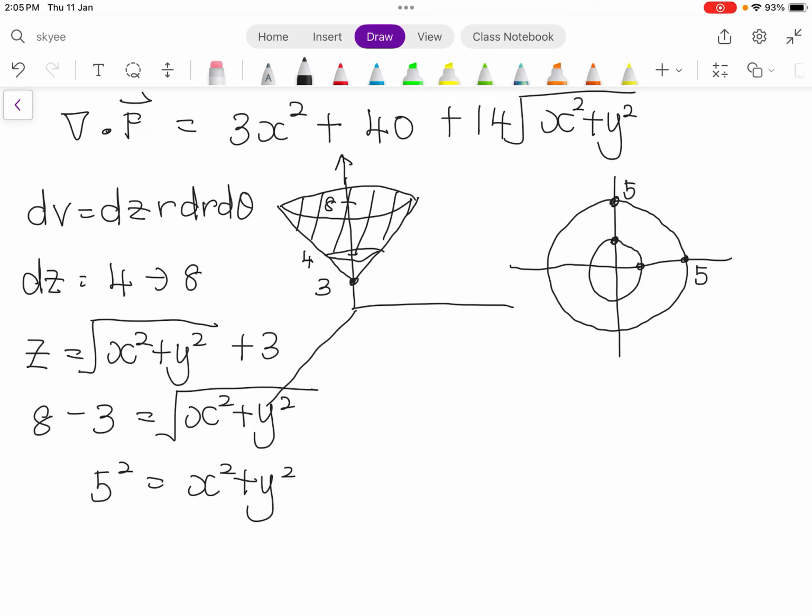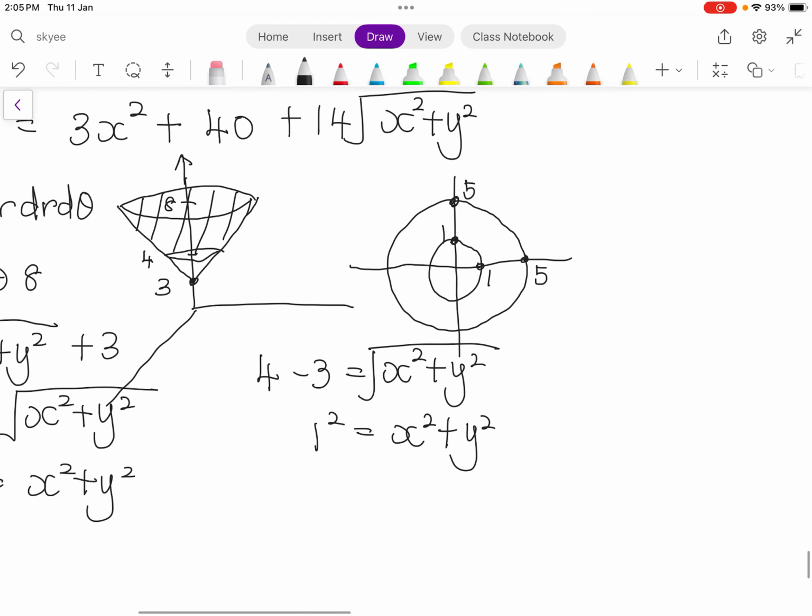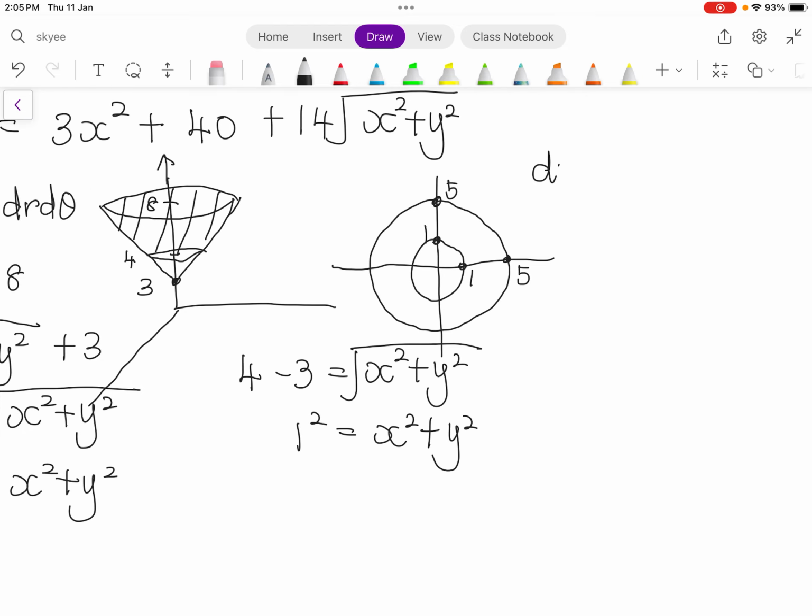Whereas at position 4, you will have a radius of 1. This also means your dr will be from 1 to 5. The d theta will be from 0 to 2 pi because both are complete circles.